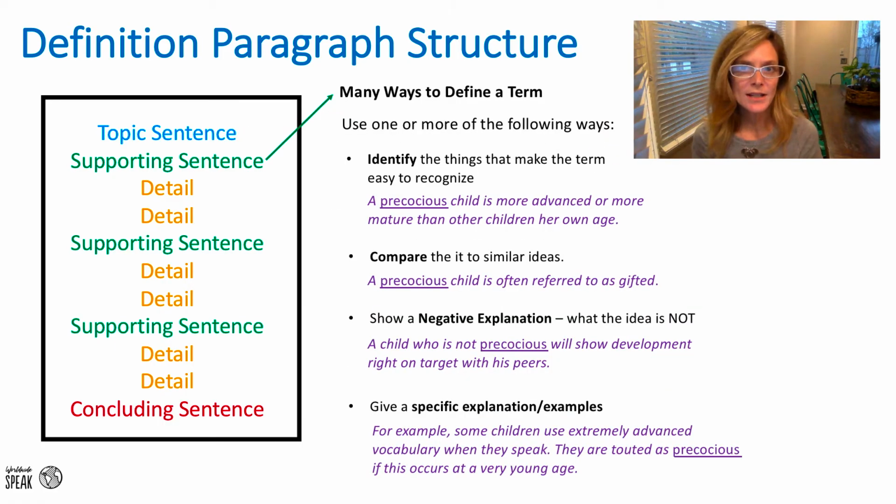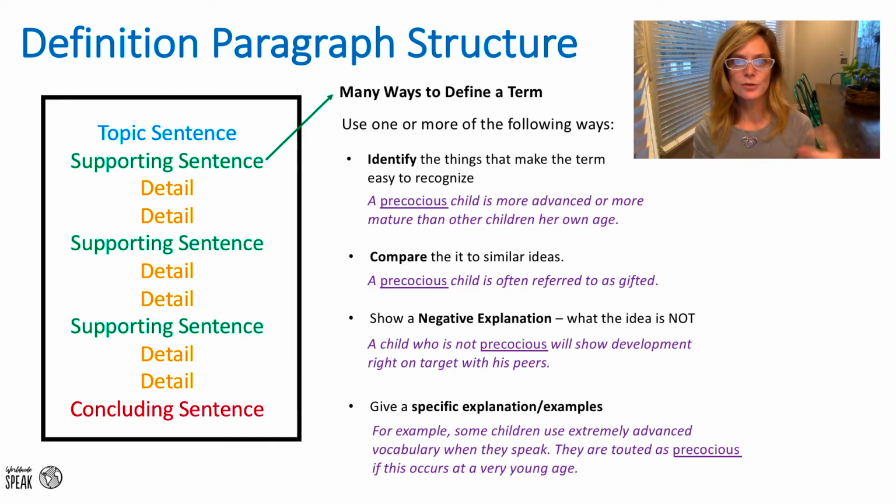Okay, moving on to the supporting sentences. There are many ways that we can define a term so that it becomes more clear to the reader. And typically when we're writing this type of paragraph, we use one or more of the following ways to do this.